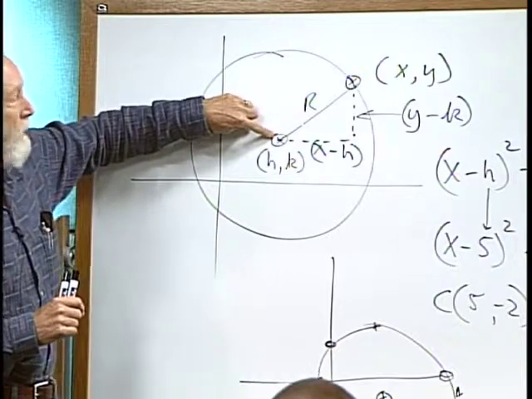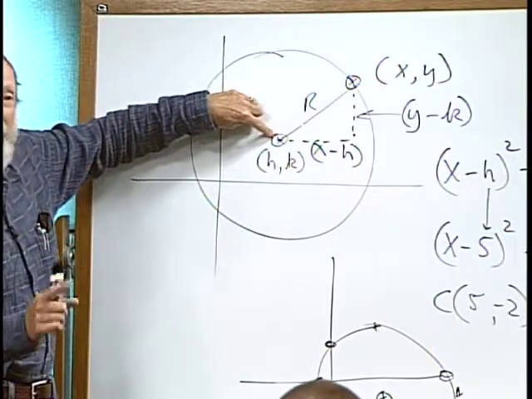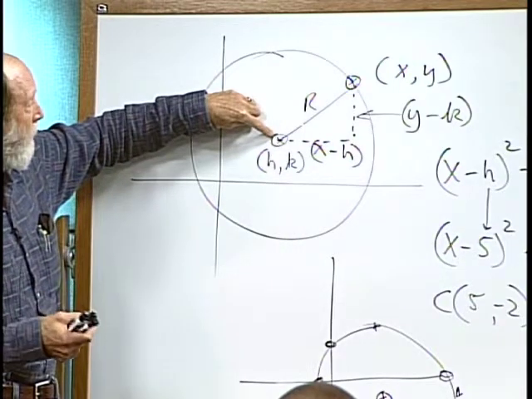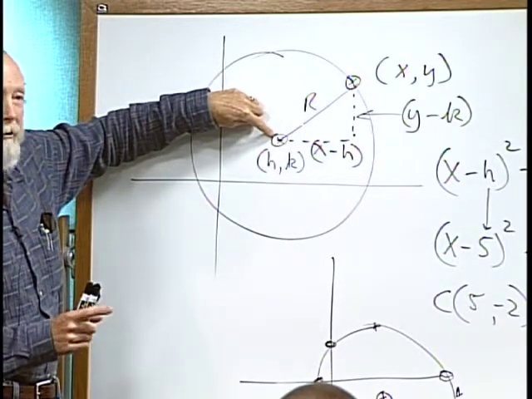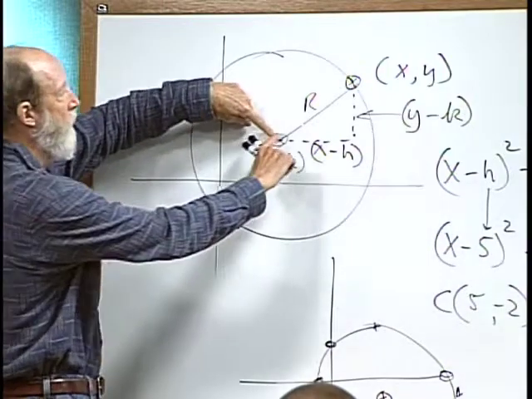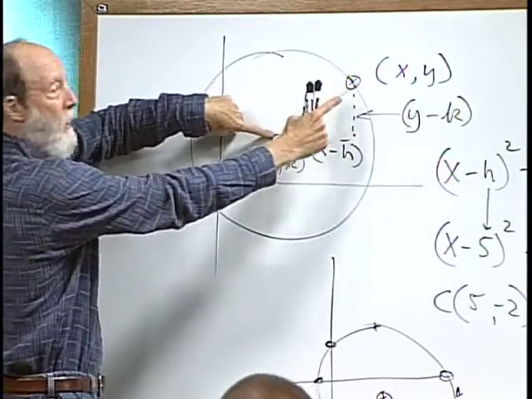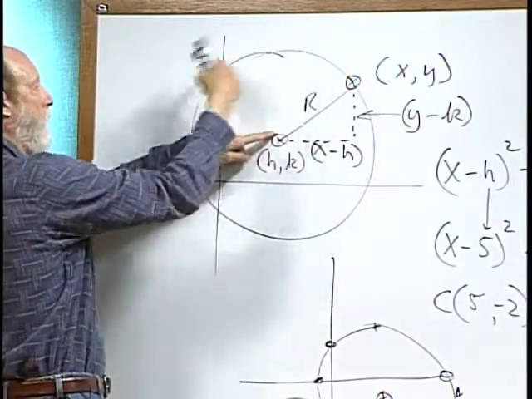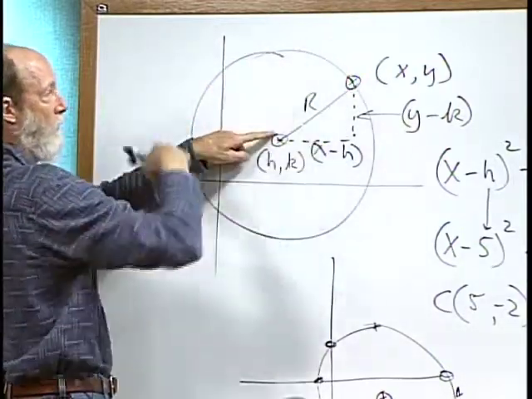Here's a fixed point. I'm going to label it in general (h, k), which is a common notation throughout the course. So we have a point that's fixed called (h, k), which happens to be the center, and then we're going to be a fixed distance from that. And if we keep a fixed distance from that, you can see there would be an infinite number of points that would create this circle shape.